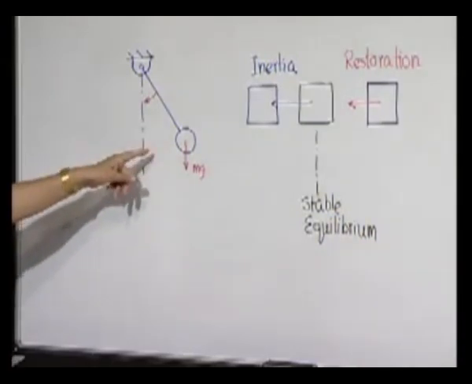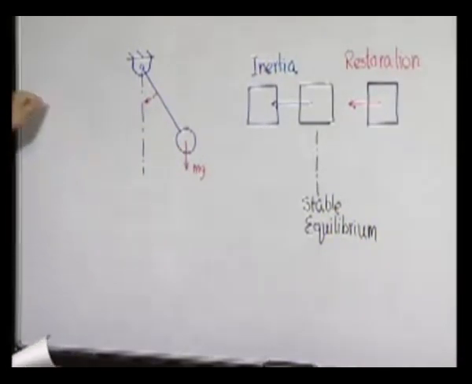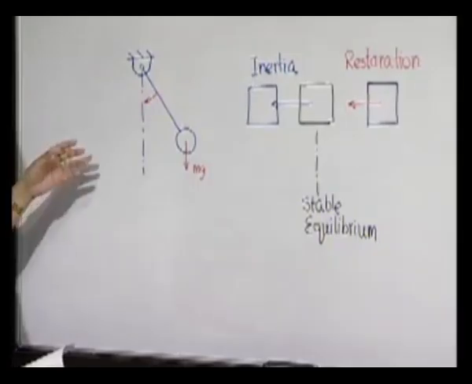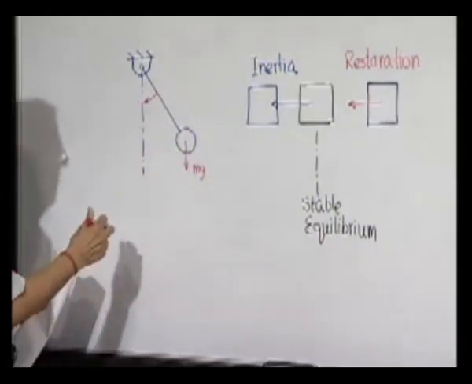But when it comes here, because of finite inertia, it possesses some momentum and overshoots the other side. But then obviously it comes to a stop because it is acted upon by the restoration and then comes back. And this whole process continues.